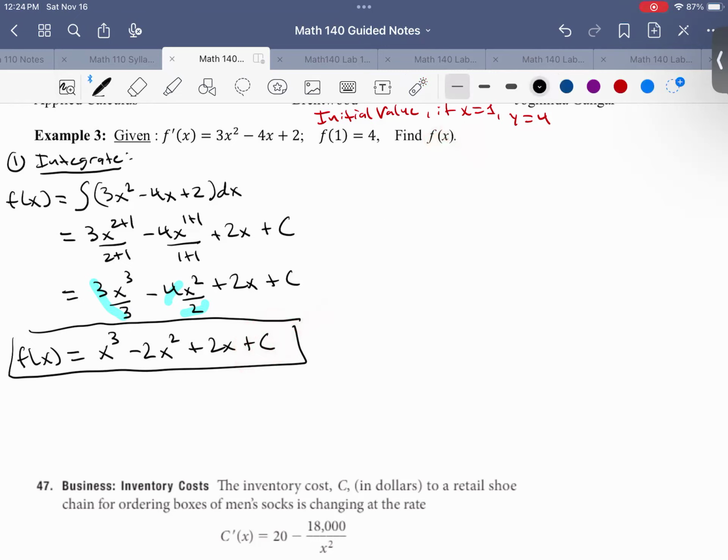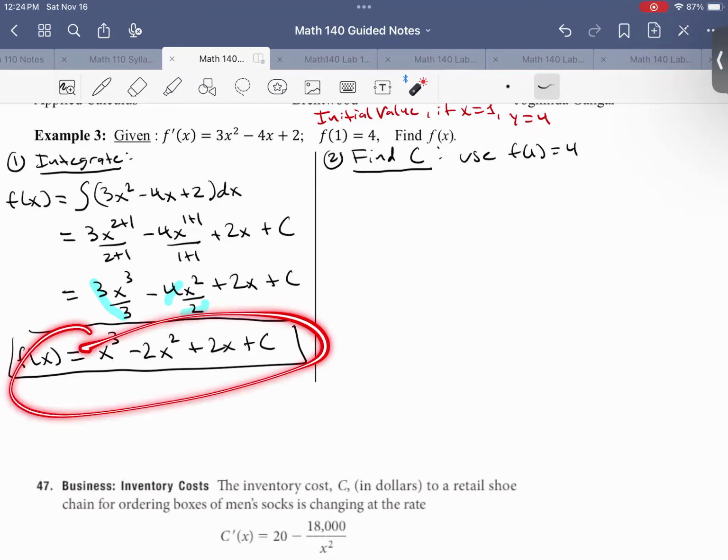So in step 2, we'll say find c. I'm going to use that initial value they gave us, f of 1 equals 4, and plug that into our f of x to figure out what c is.